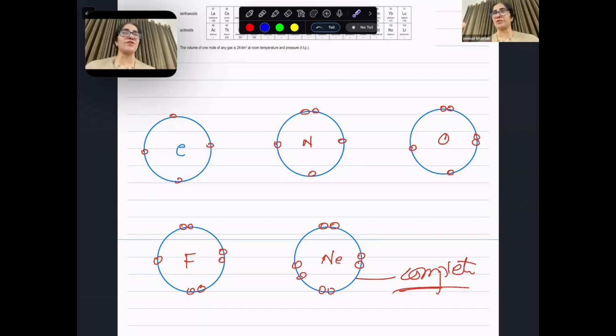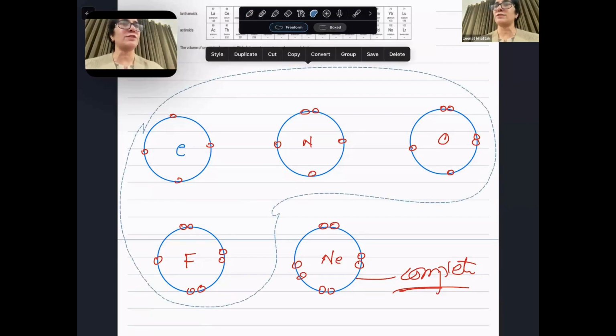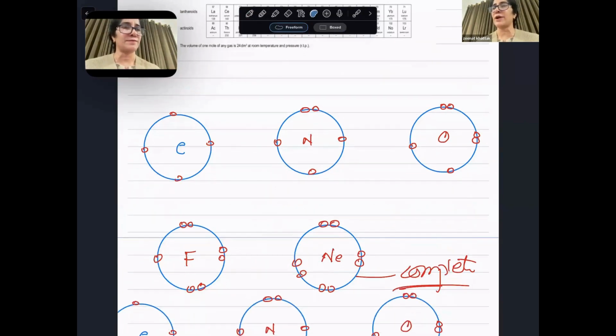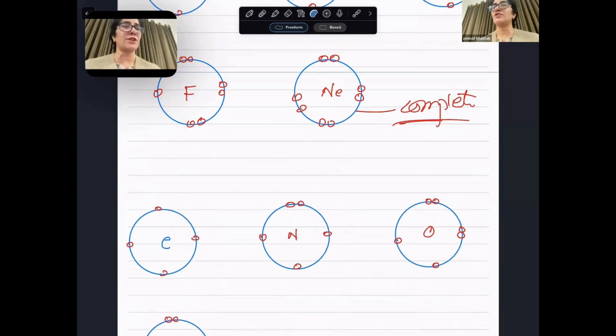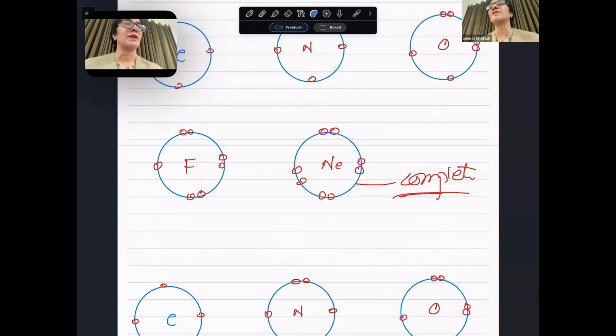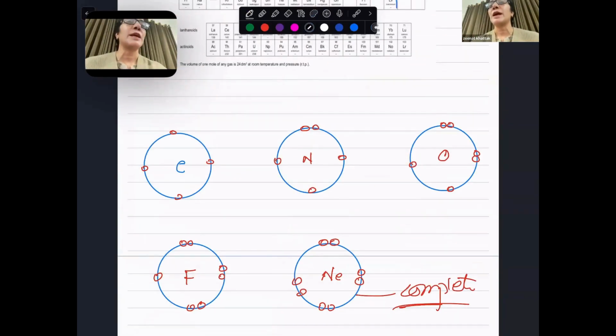Suppose this is hydrogen. How many electrons does it have in the last shell?